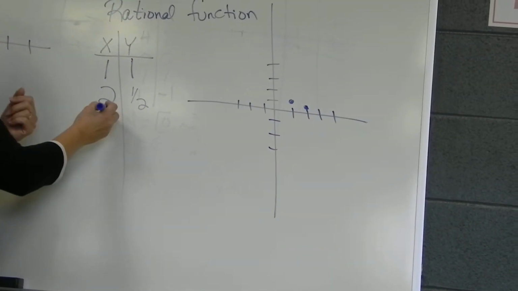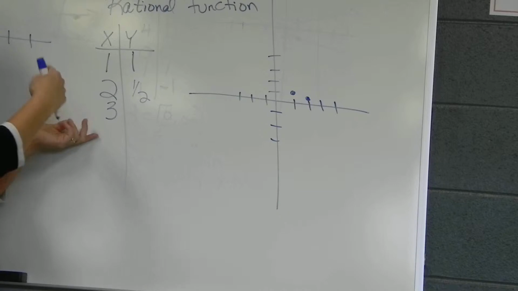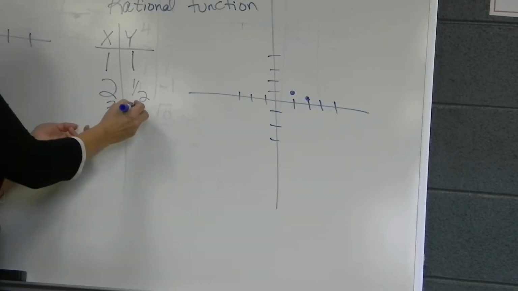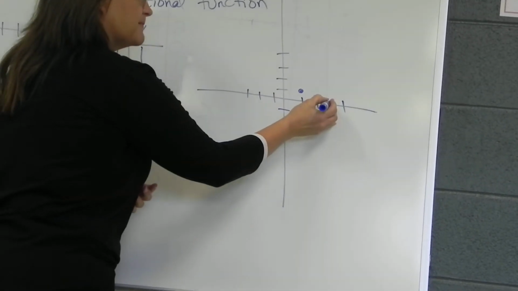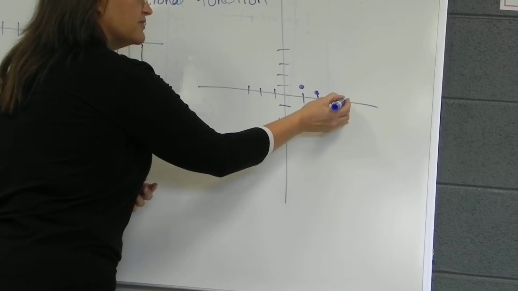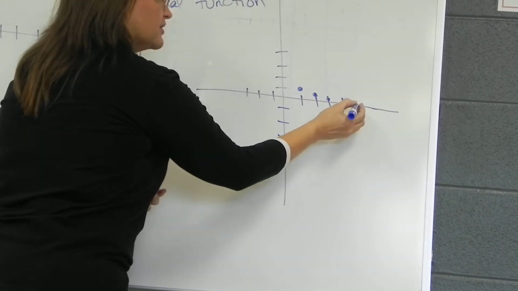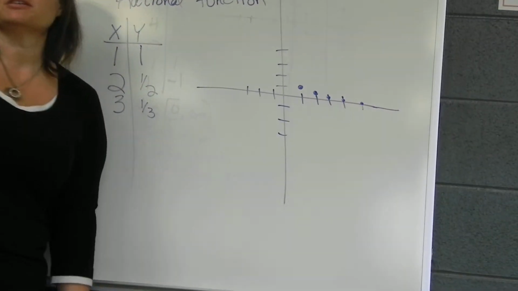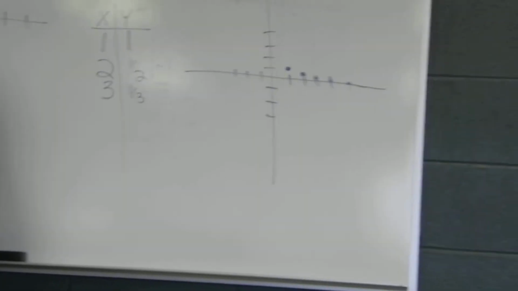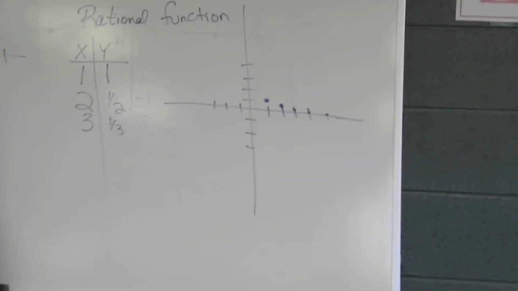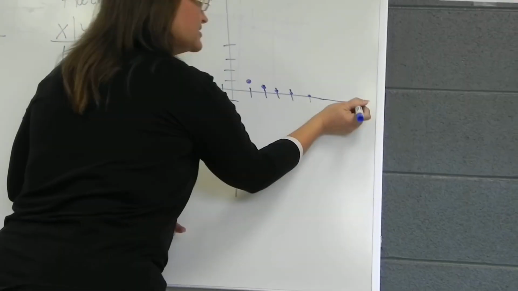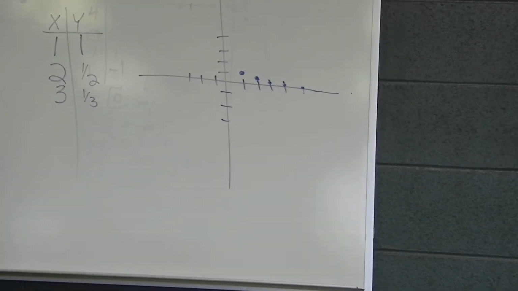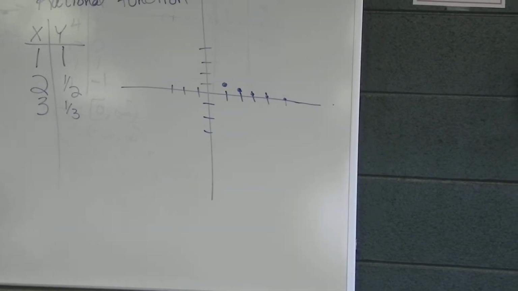Okay, while we're on this pattern, let's plug in 3. 3 gives us a third, or 0.33. 4 would give us a fourth. 5 would give us a fifth. What about if I plug in a million? I will get 1 millionth. So it's still going to be just barely hovering over that, right? And I can't plug in 0.